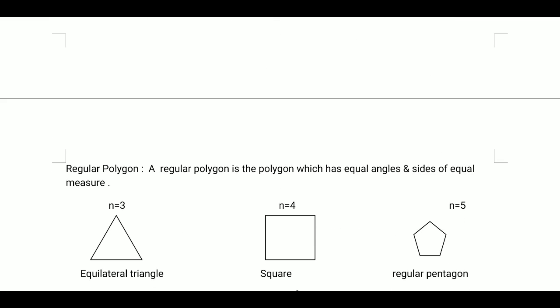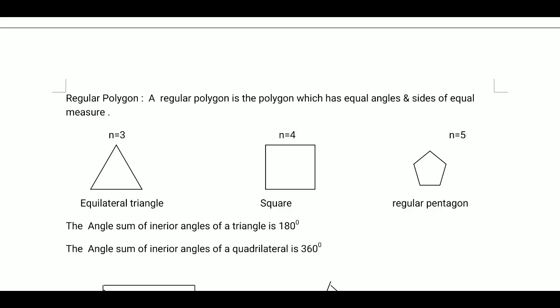A regular polygon is a polygon which has equal angles and equal sides, that is, equal angle and equal side measure.